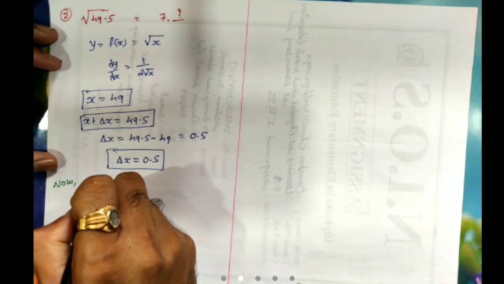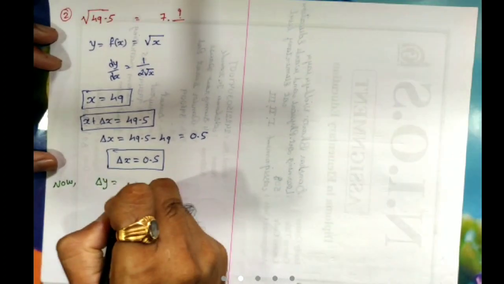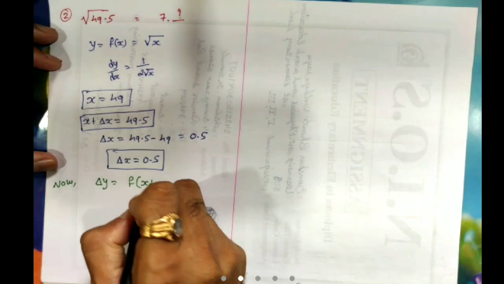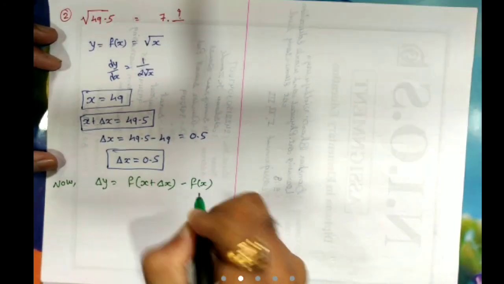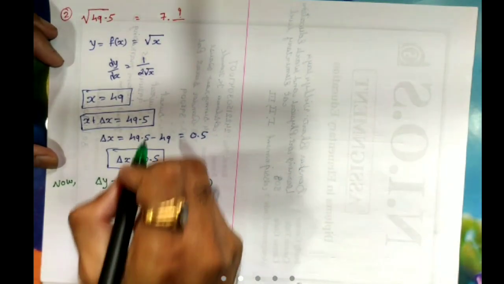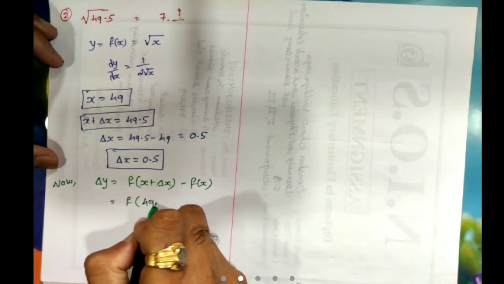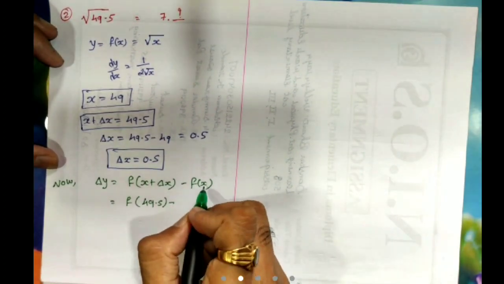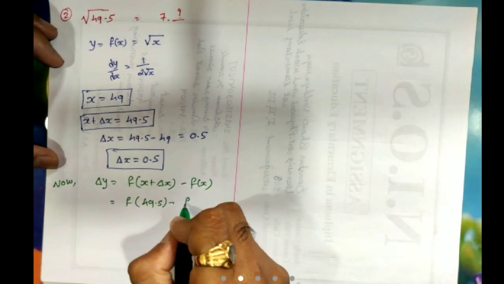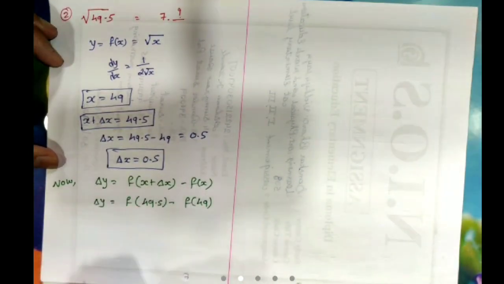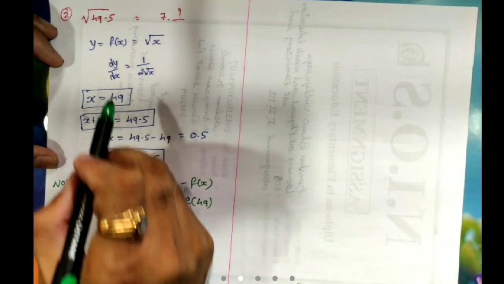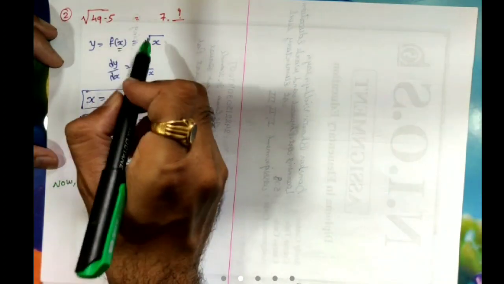Now third step is to find the value of delta y. So our delta y is f of x plus delta x minus f of x. So f of x plus delta x is f of 49.5 minus f of x, where x is 49, so f of 49. This is our delta y. Whenever x is there, f of x is square root of x.